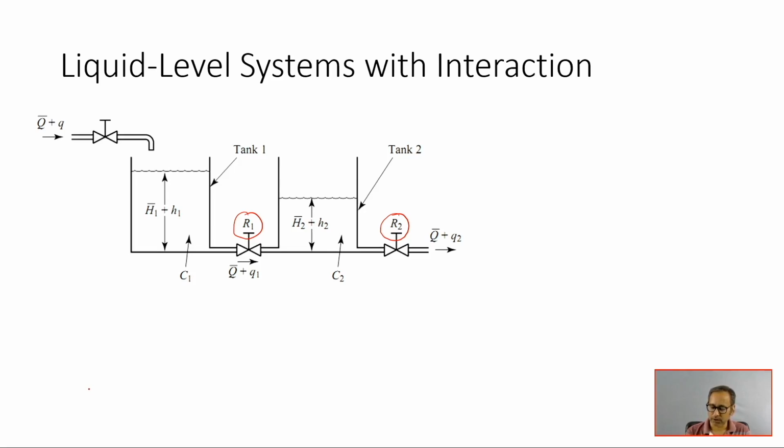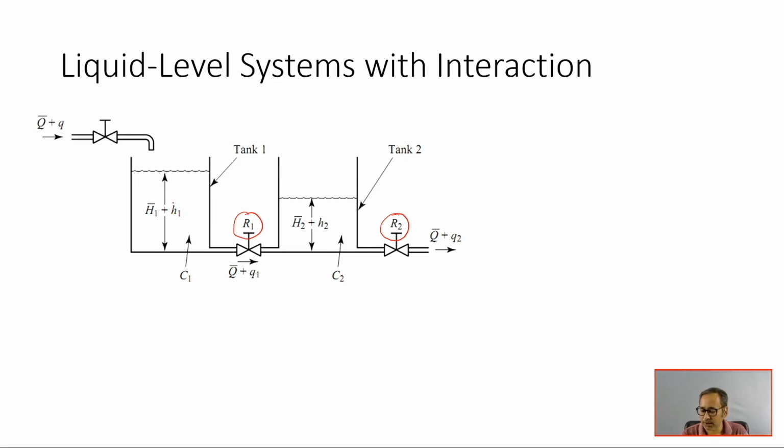So let us now concentrate on this two tank system. Here you use the basic definitions which I have discussed earlier. Q bar, H1 bar, H2 bar are the steady state values of the inflow rate and the heights of the tanks.